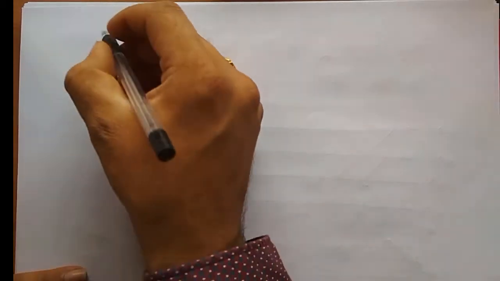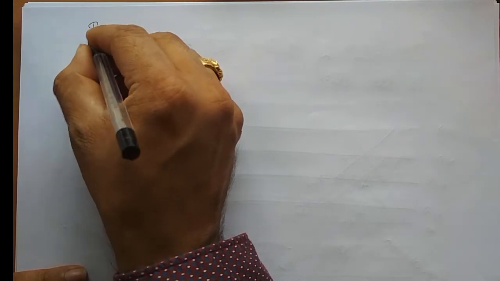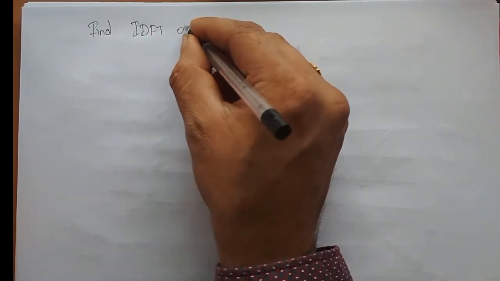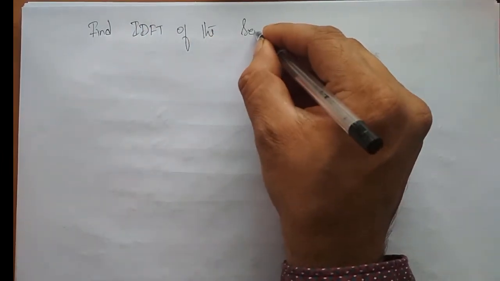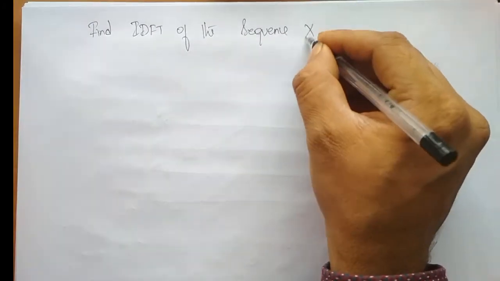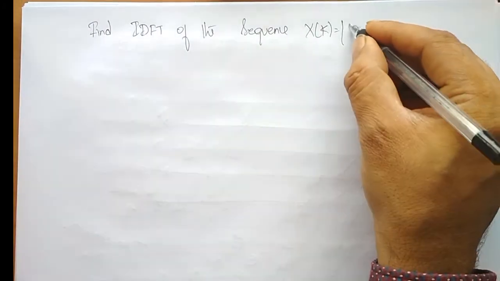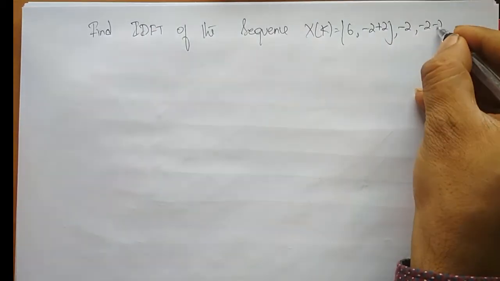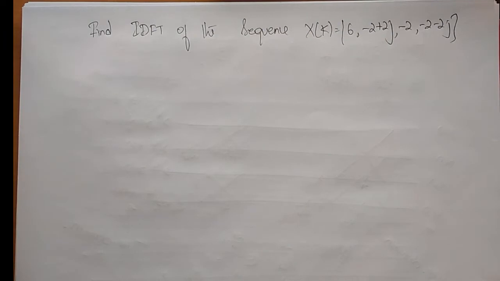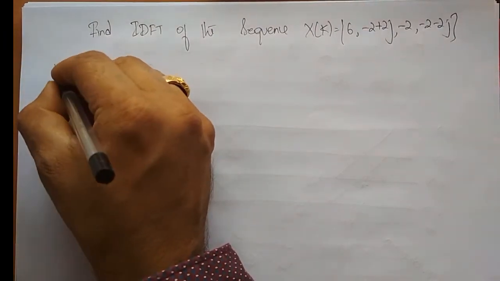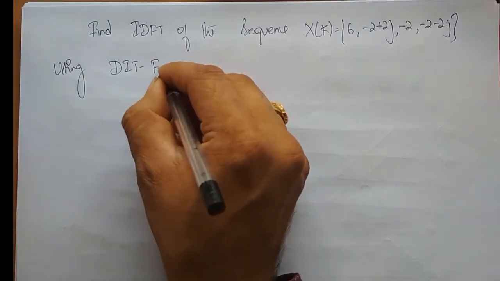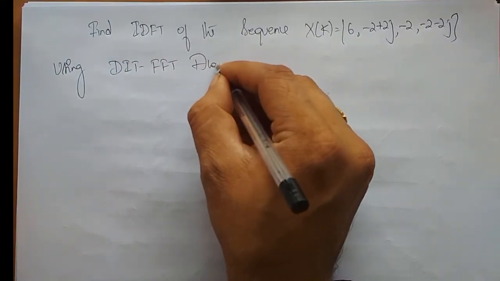So we shall take up one example. Find the IDFT of the sequence X of k equal to 6, -2 + 2j, -2, -2 - 2j, using the decimation in time fast Fourier transform algorithm.